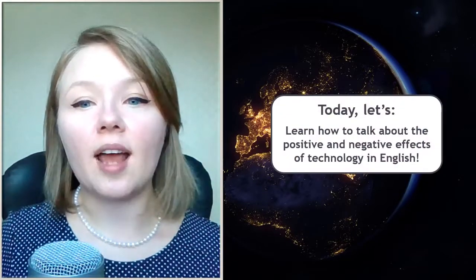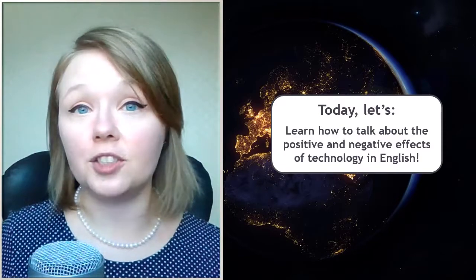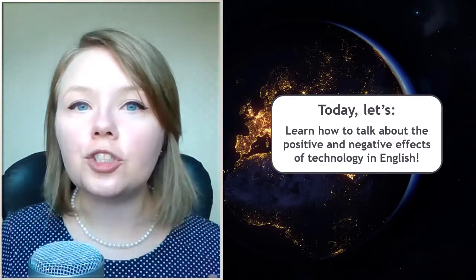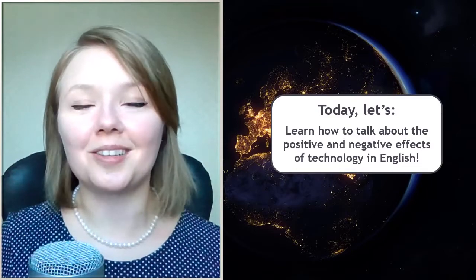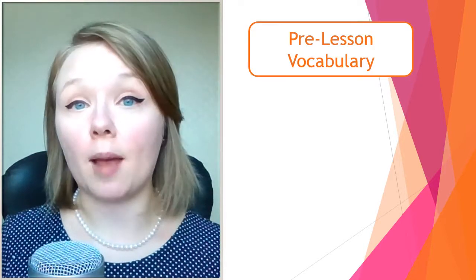Today, let's learn how to talk about the positive and negative effects of technology in English. We're also going to learn how to share our opinions about these things. Before we get into how to talk about pros and cons and explain our opinion, let's take a look at some pre-lesson vocabulary.